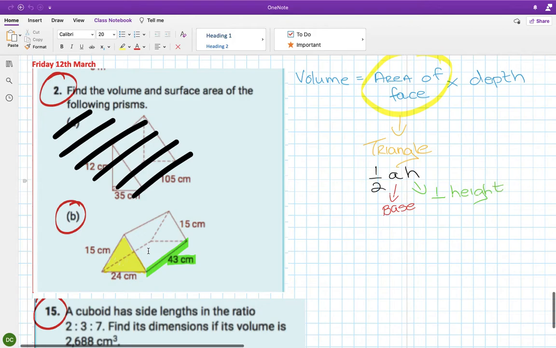The base of the triangle is 24, so that's grand. Now the perpendicular height, we have the same problem we had in the example I did on Friday. That's the perpendicular height. So we're going to need to figure it out.